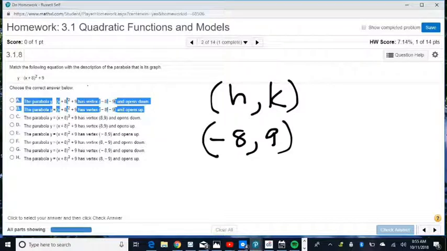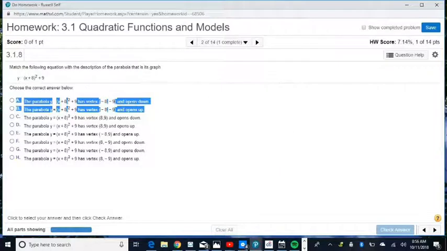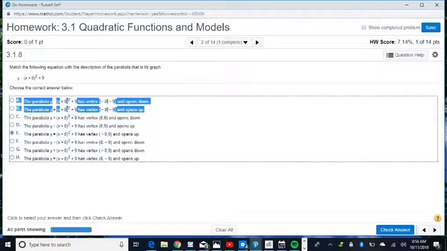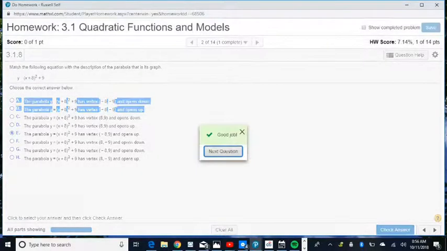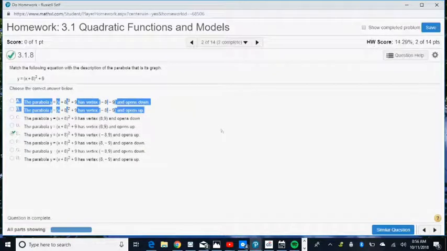There is nothing in front of the parentheses, which means it's positive, which means it's going to be opening up. So our vertex is negative 8, 9. And so that happens right there at E, negative 8, 9. But it also happens on G, negative 8, 9. So, but we need to make sure we have the second part, which is that it opens up. So that means E is our answer. And there we go.